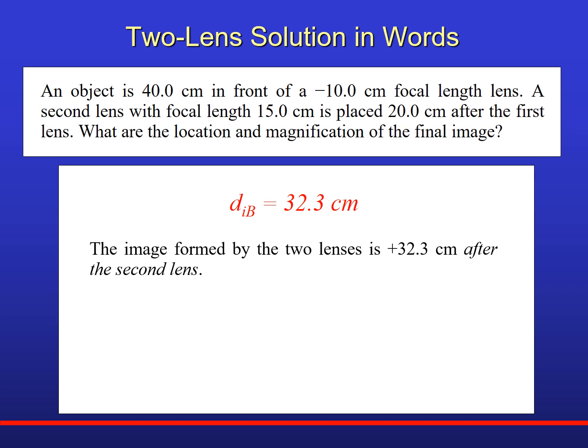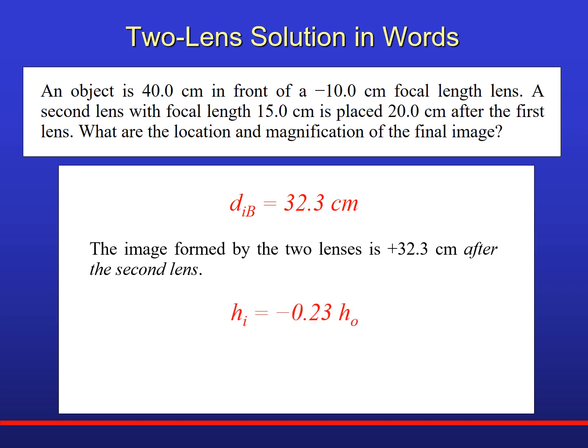You state that this number is relative to the second lens, the final lens in the system. If that had been a negative, it would have been before the second lens, but it's a positive. It's after the second lens. You have to state whether it's a positive or negative, whether it's before or after the final lens. This one is positive. It's going to be after the second lens.